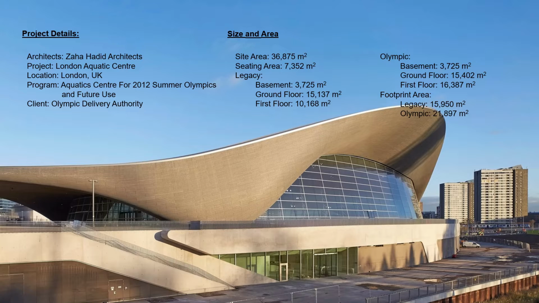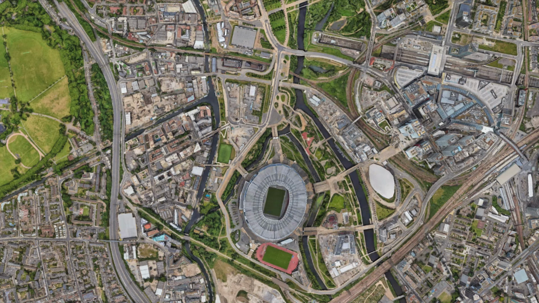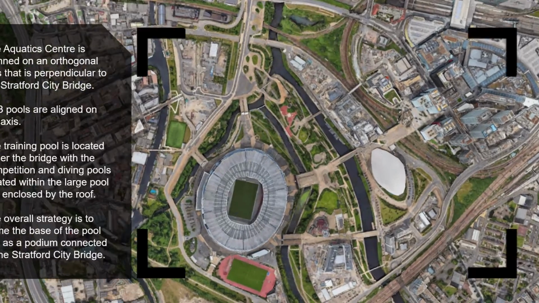Coming to the ground floor, it is 15,402 meters square. Then the first floor has 16,387 meters square, which has the temporary seatings. So the footprint area in the legacy mode has 15,950 meters square, whereas in Olympic the footprint is 21,897 meters square.